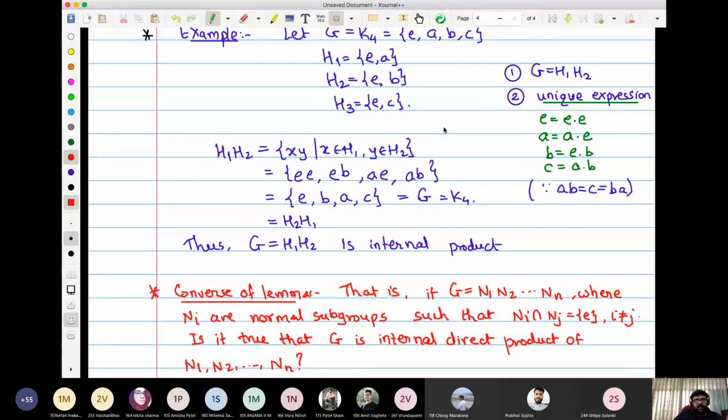The only thing you have to verify is that every element has a unique expression. And what she says is that since the intersection is identity, the expression must be unique. Then we should be able to prove that the expression is unique, and if not, we should be able to give a counterexample. So she thinks yes.